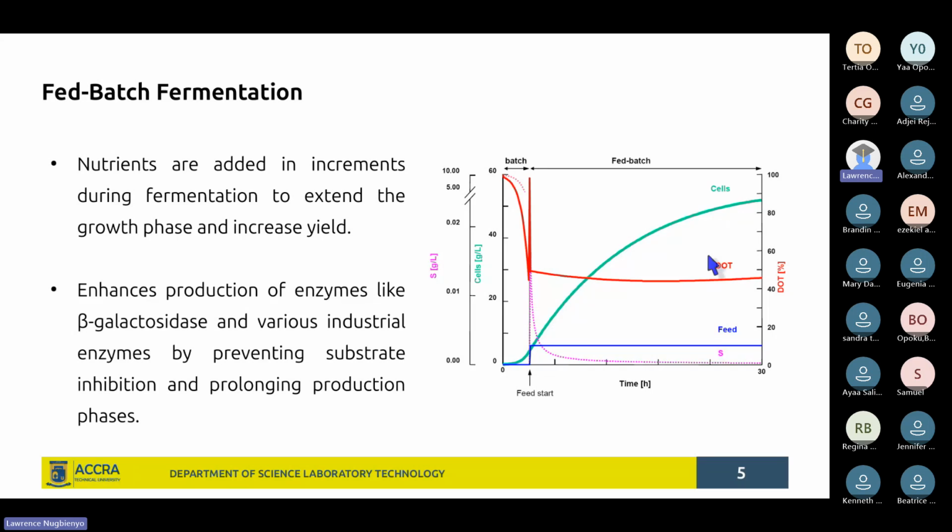And this is used in the production of enzymes like galactosidase, which are used in the food industry. I think we saw an example of this, that galactosidase is used in some dairy products to make it wholesome for persons with lactose intolerance, for instance.